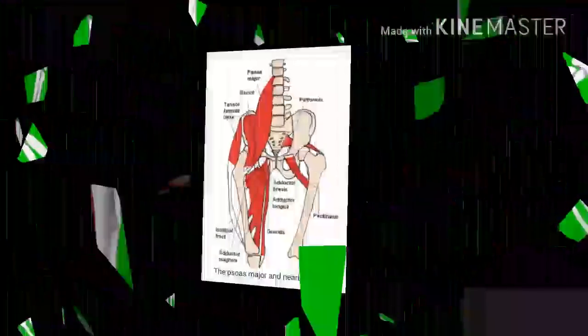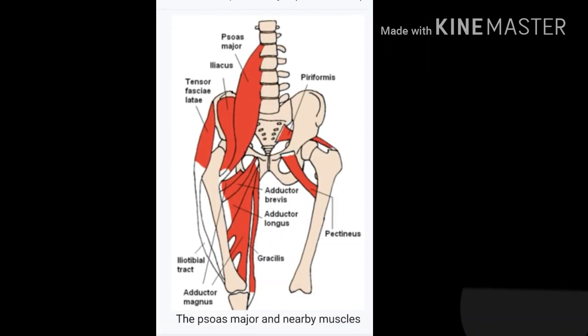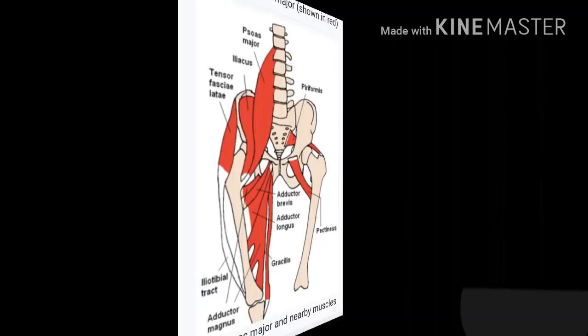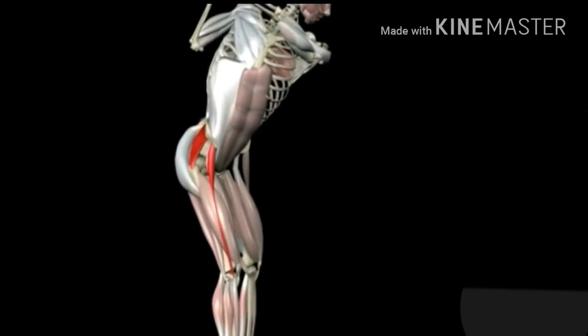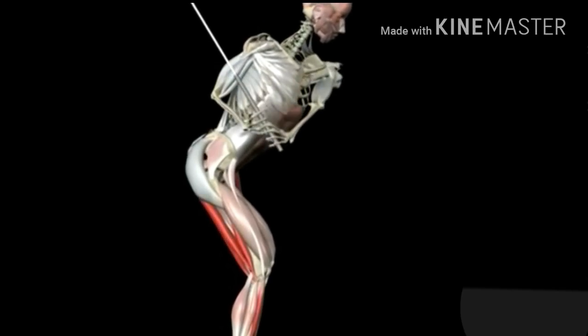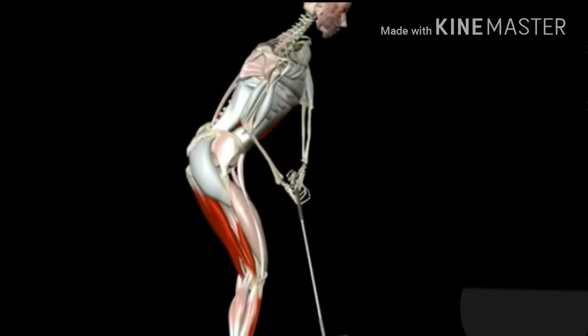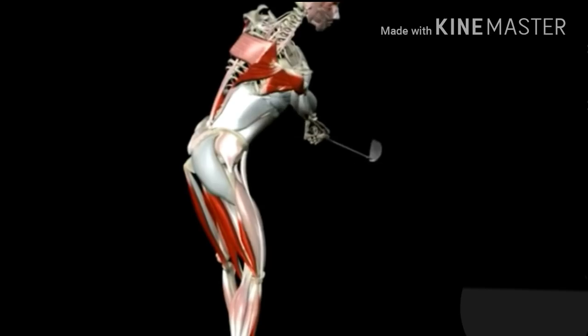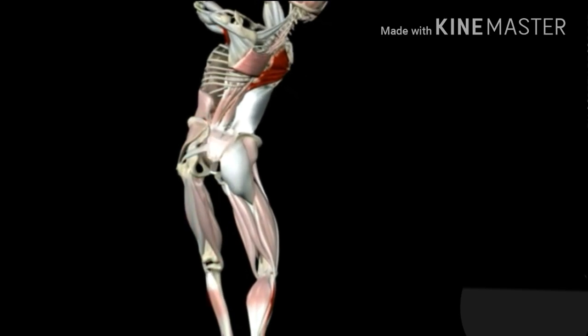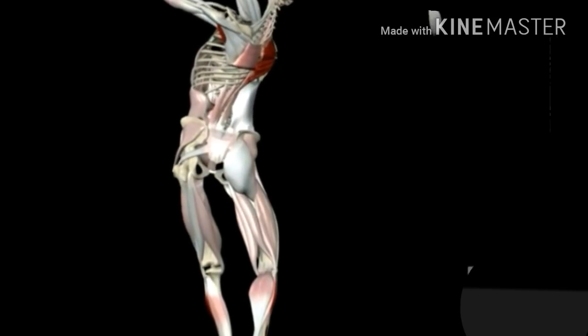A picture like this is good, and I can see all the muscles and define them in the psoas. But how do I use them? If I can see them during a movement and see how they're used, it's much better. I can see the anatomy trains.